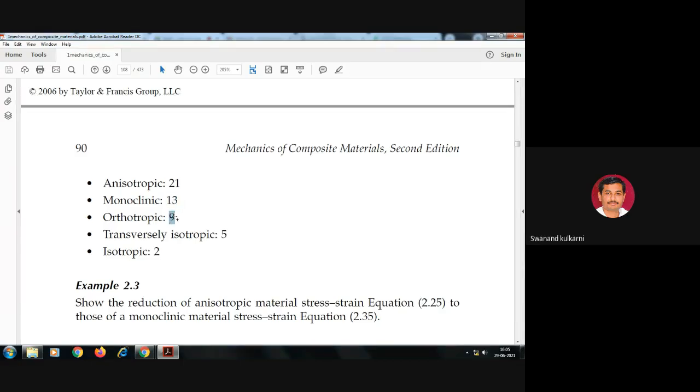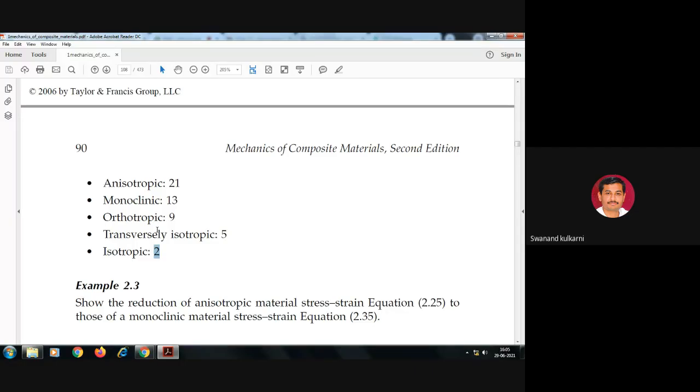For orthotropic material, 9 independent elastic constants are required. For transversely isotropic material, 5 independent elastic constants are required. For isotropic material, 2 independent elastic constants are required. Is it okay?